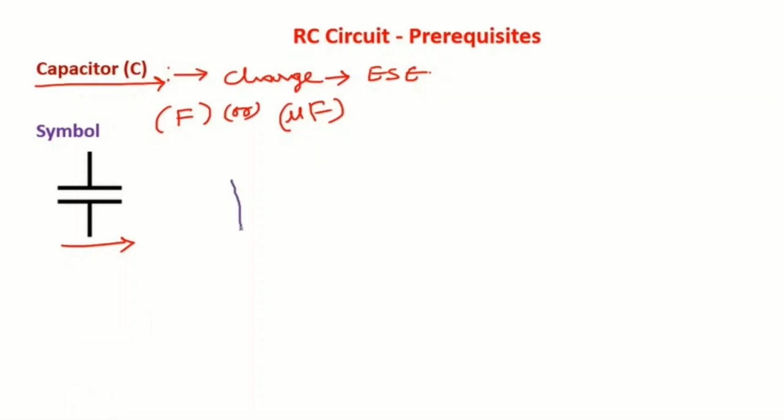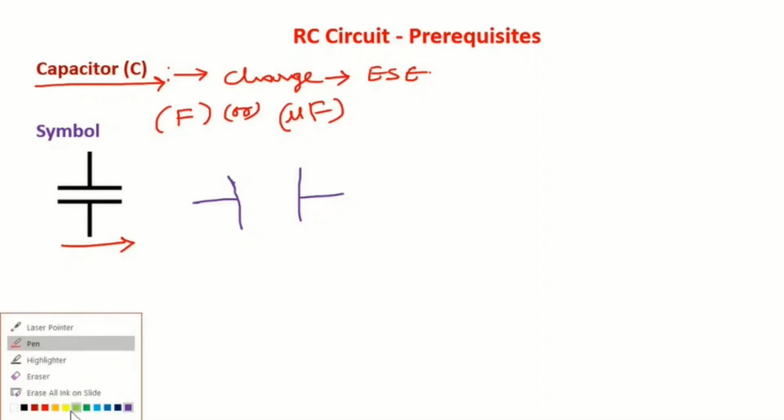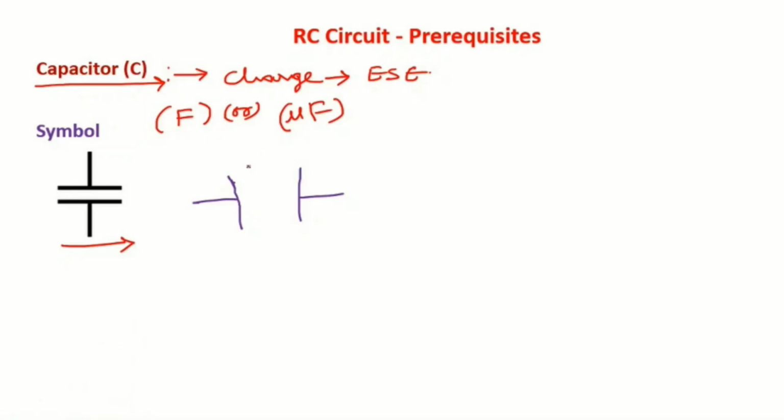In general, there will be two metallic plates, parallel to each other, and the space between these parallel metallic plates, or conductors, is filled with some material which is known as a dielectric material. This entire setup is known as a capacitor.